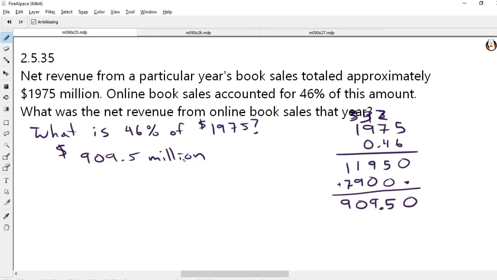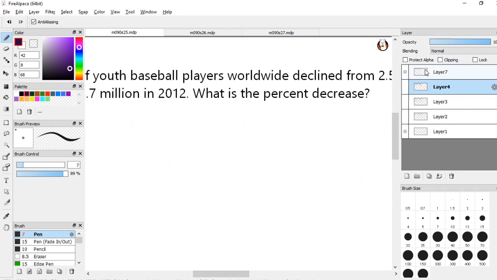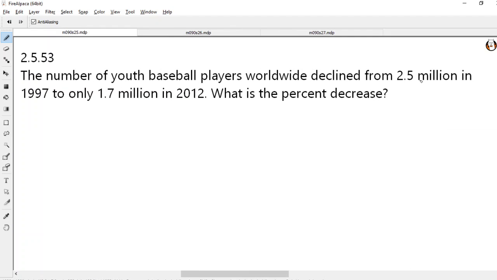Okay, I think I've got one more word problem I want to take a look at. Number 53 here, this is the last problem, 2.5.53. The number of youth baseball players worldwide declined from 2.5 million in 1997 to only 1.7 million in 2012.